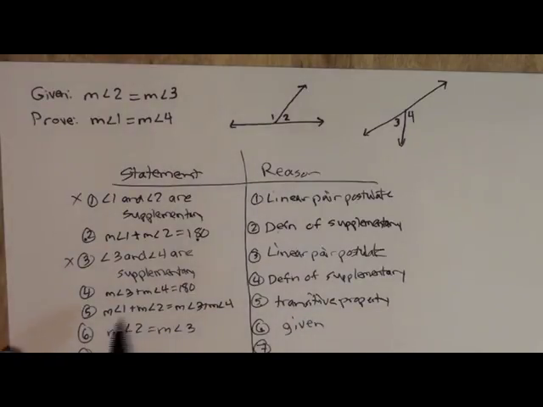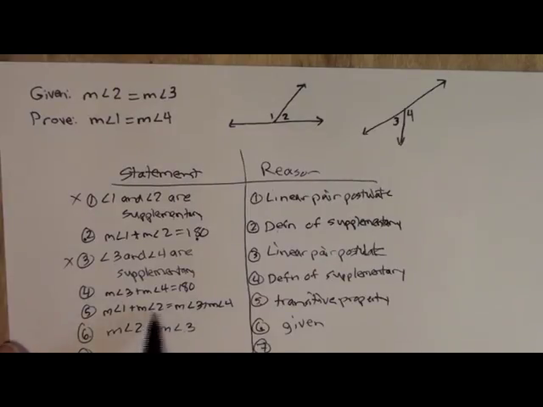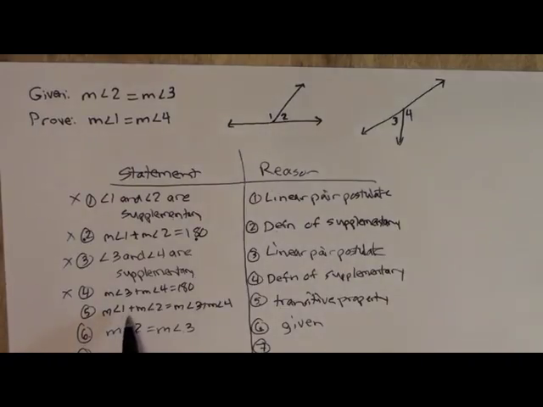Now you have a little bit of choice here. The measure of angle 2 is equal to the measure of angle 3, so we can substitute one of those into line 5. Notice, to get line 5, we used line 2 and line 4, so we don't have to use those anymore. But we still haven't used line 5 or line 6. So I'm leaving the left side of line 5 alone.